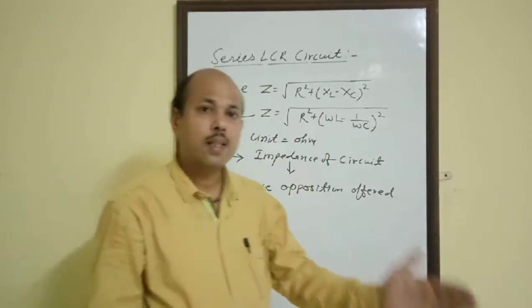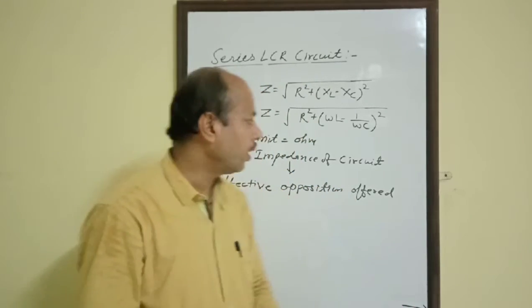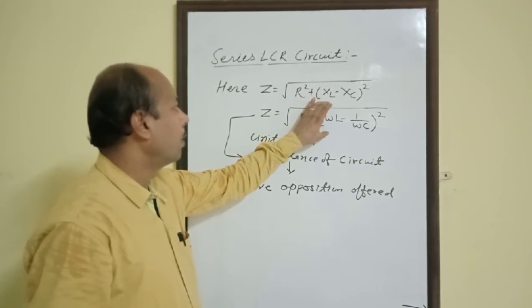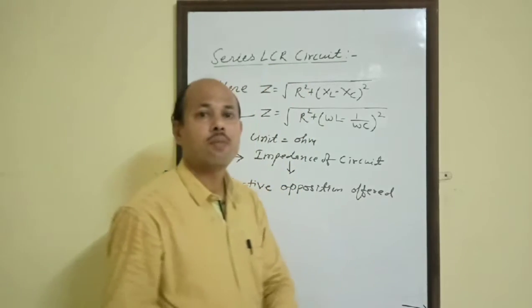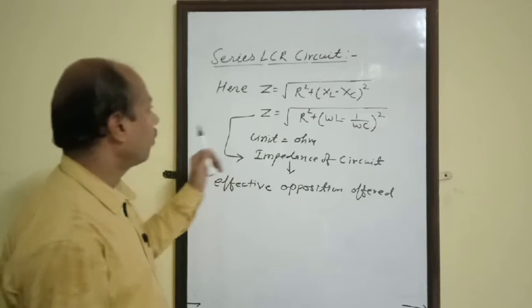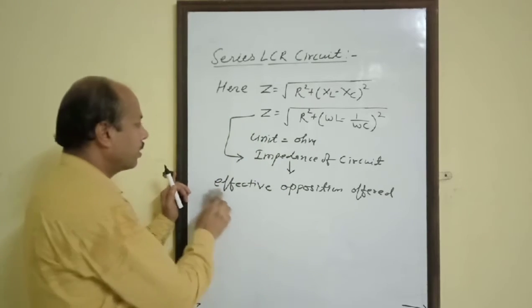And if impedance changes, current going through the circuit will also change. Therefore, now we are going to discuss how the impedance of circuit varies with frequency, and finally current varies with frequency. So now we are discussing the variation of impedance with frequency.